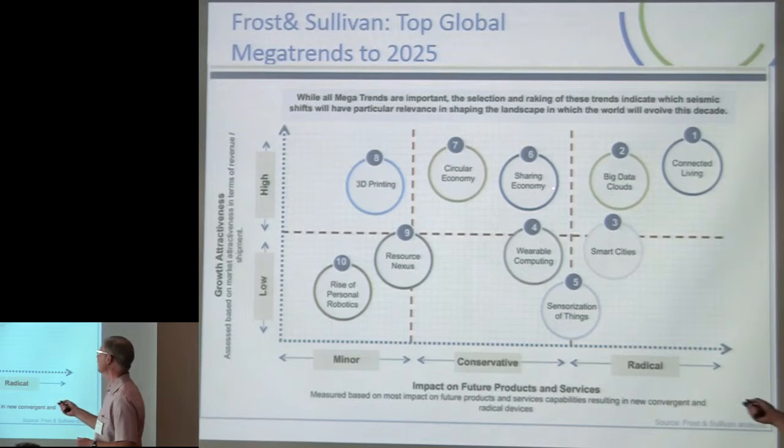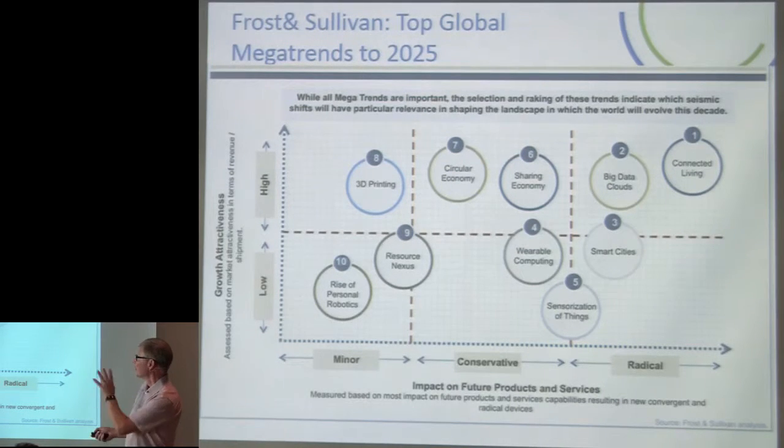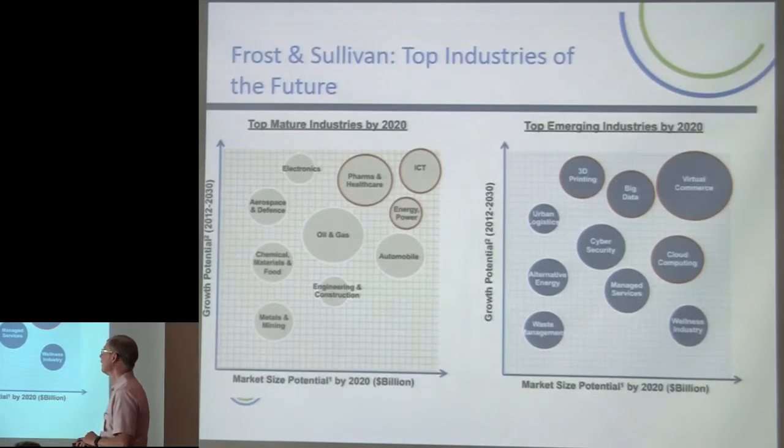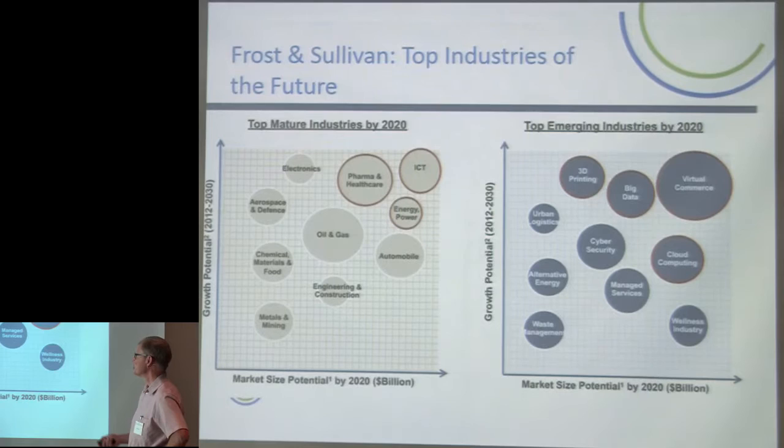Well, anyway, Frost & Sullivan think that big data clouds is really an attractive place to be in the future, and I truly agree with that. And what does that mean to the top industries of the future? What is the growth potential, the market size potential?